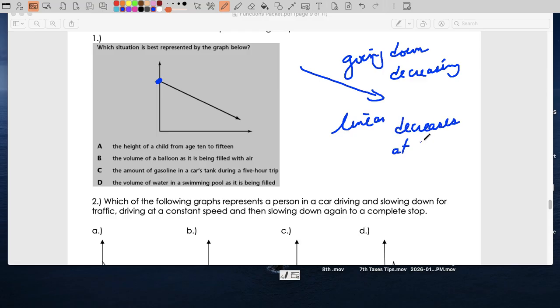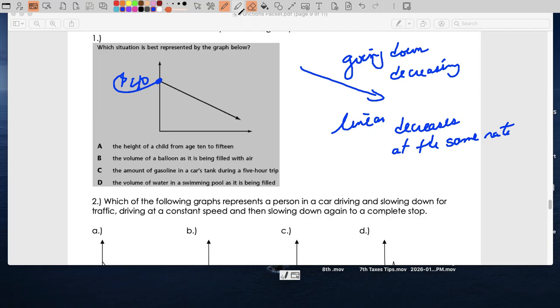Decreases at the same rate, right? So if you're, let's say, losing $5, you're losing $5 per day. So it's always $5 per day, so it's the same rate. But you don't start at 0, which means if we were talking about money, for example, you had $40 in your bank account, and then every week you use $5 per week. That'd be one story, for example.